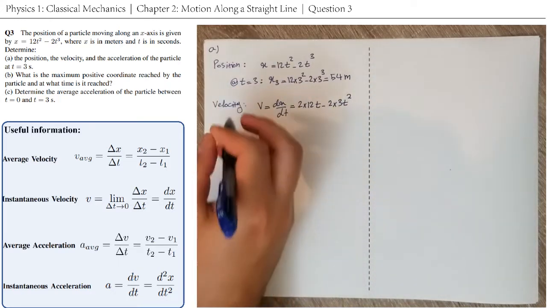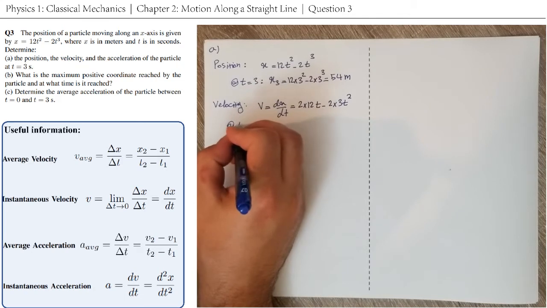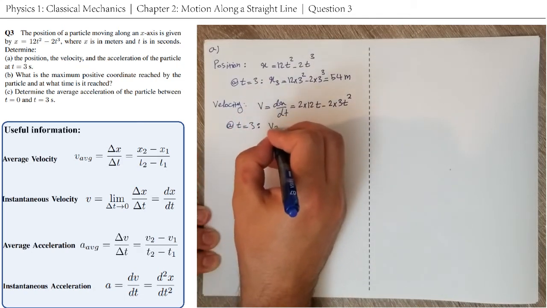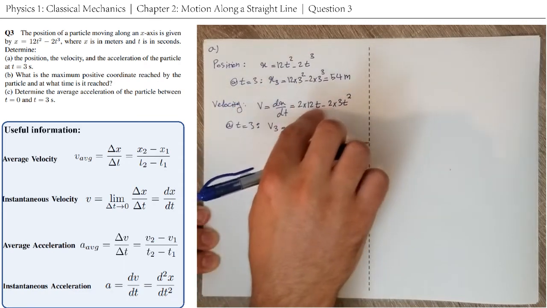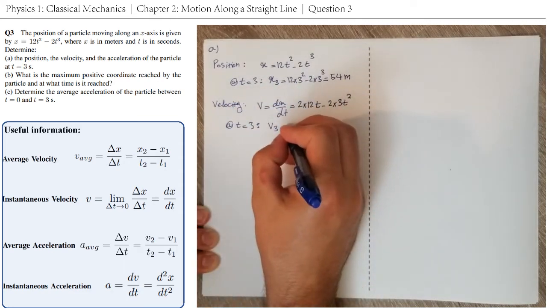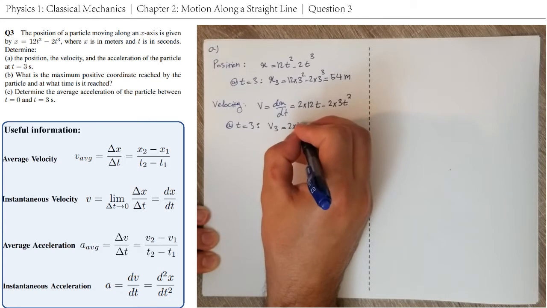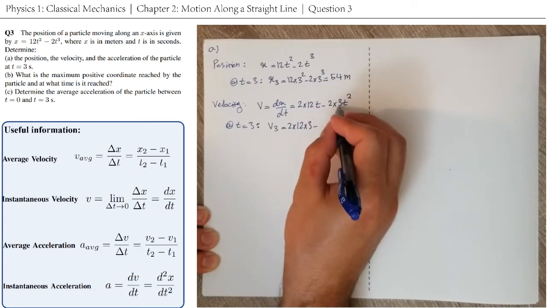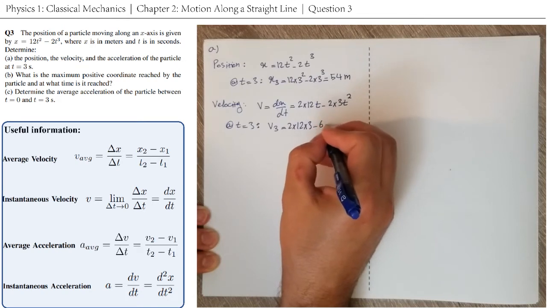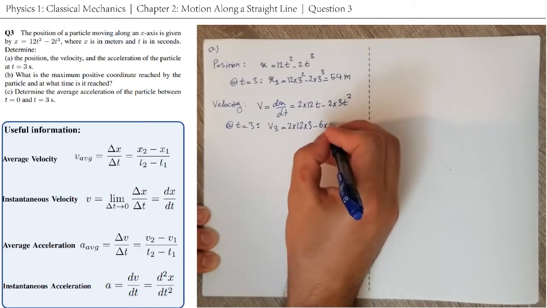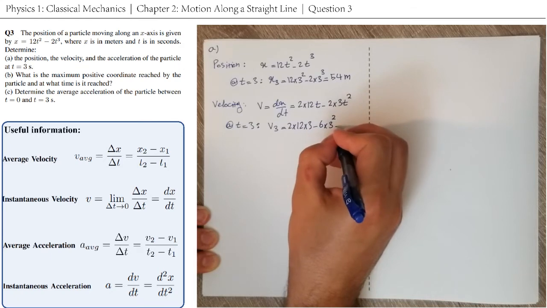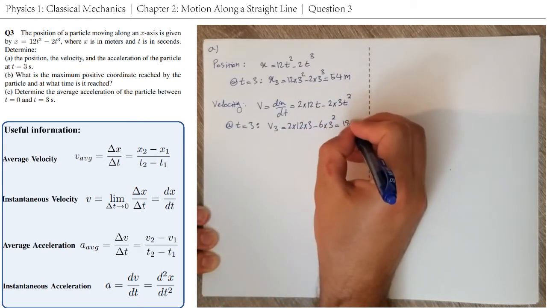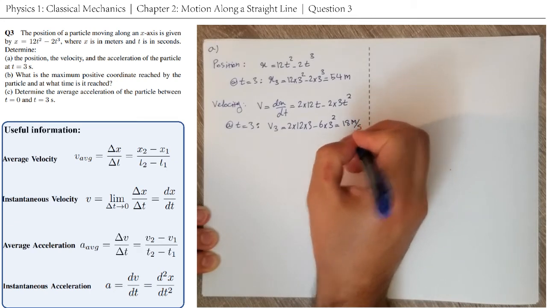Now, at t equals 3, we would have v3 equals, plugging 3 into this equation, 2 times 12 times 3 minus, 2 times 3 is 6, and then 3 squared, which would give us 18 meters per second.